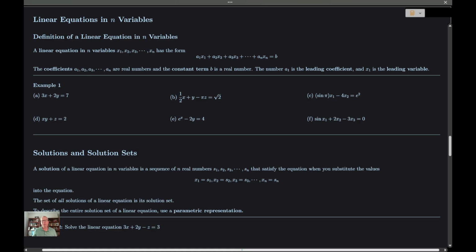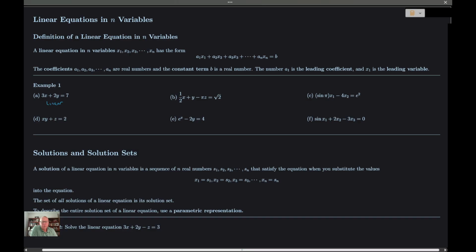So what makes this linear? Let's see a few examples here, and we'll talk about why these are linear or why they are not. This first one, 3x plus 2y equals 7, is linear. The coefficients need to be real numbers, and we're not going to see imaginary numbers here.